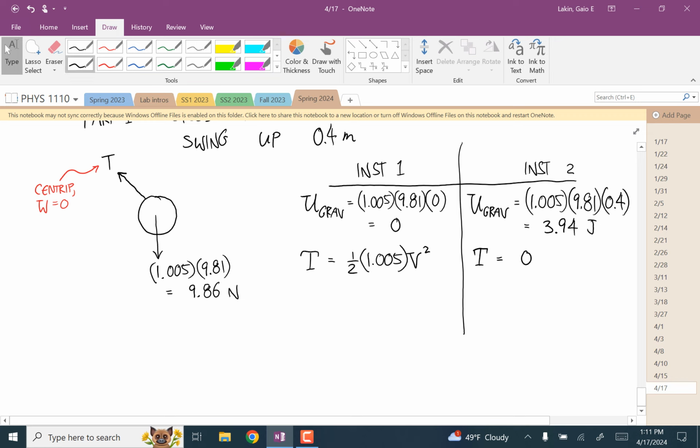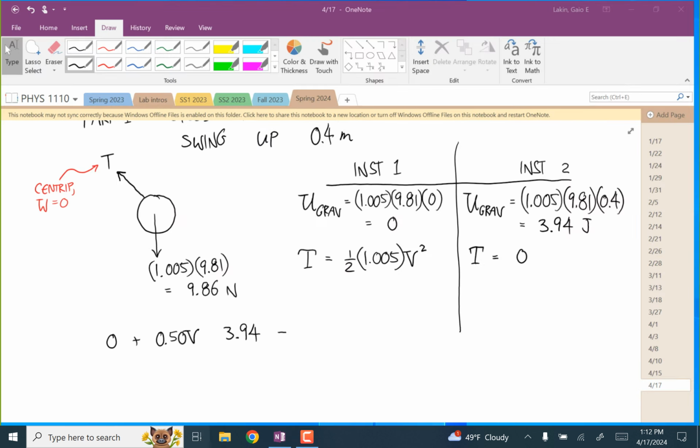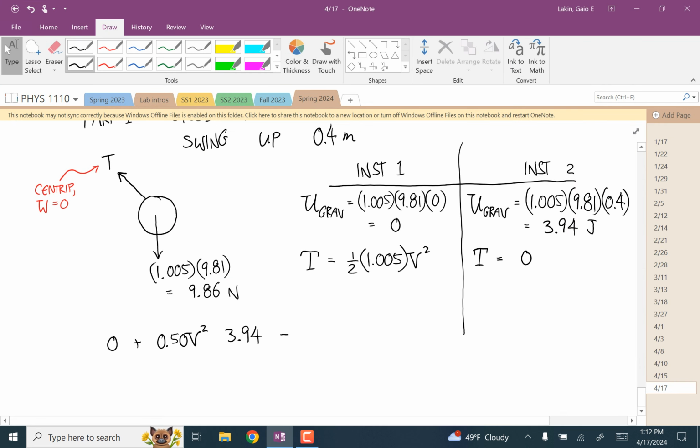And so we have 0 plus 0.50, I'll just call it 0.50, equal to 3.94. Sorry, I left off the v squared here. So 0.50 v squared is equal to 3.94 plus 0.